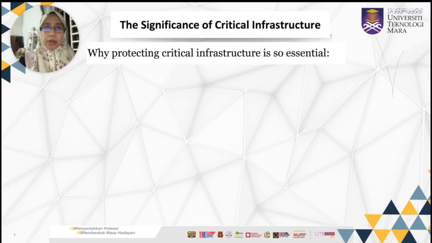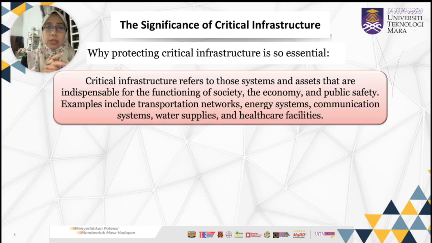Alright. So, the significance of critical infrastructure. Why is protecting critical infrastructure so essential? First, critical infrastructure refers to those systems or assets, as we discussed last week, that are indispensable for the functioning of a society, the economy, and public safety.